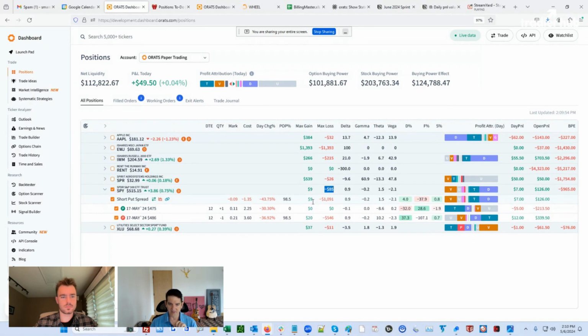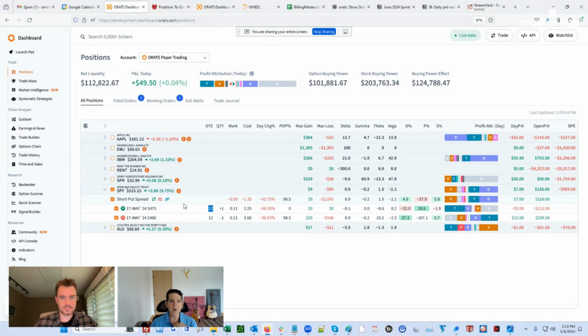And then we also dive in over the full length of the trade. What is your max gain and max loss? You could also just calculate that in your head. It's the difference between the strikes less the amount that you get. So that would be the max loss if it went really far. So that's what we have in the first few columns so far. Now we're about to get to delta. So you good on that?